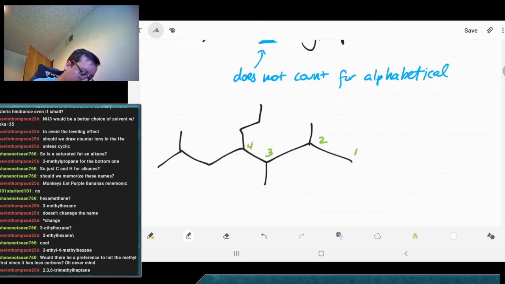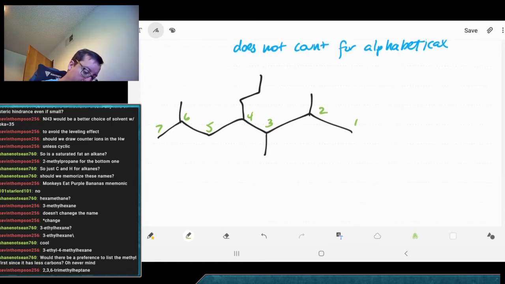We always start with the side that's got more substituents on it, so we end up with lower numbers there. Let's just write out what we have. We know we've got this trimethyl business. And on carbon 4, we have a propyl group.